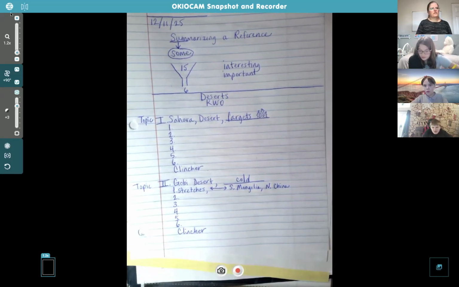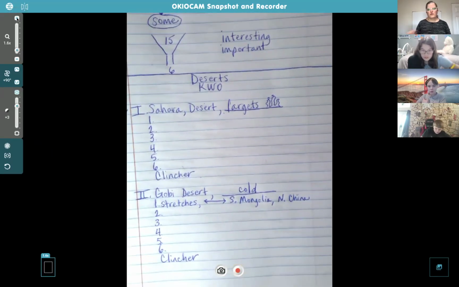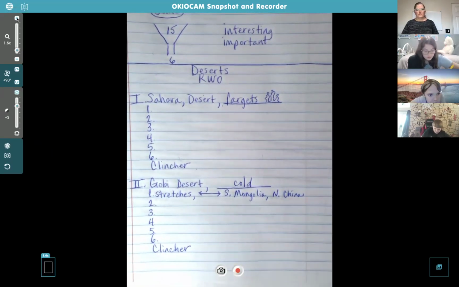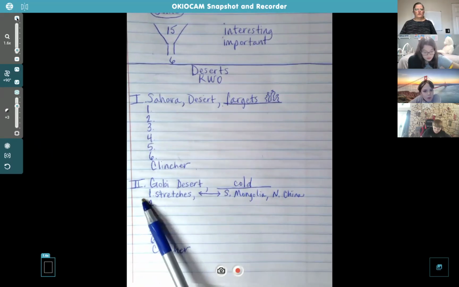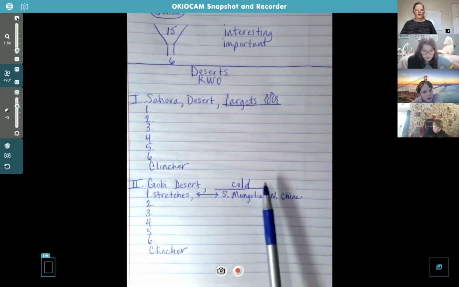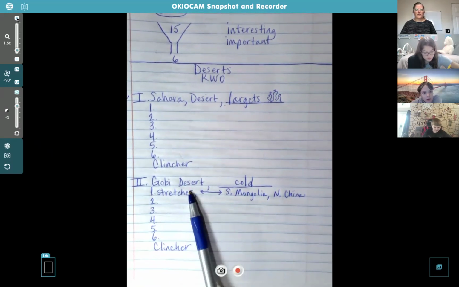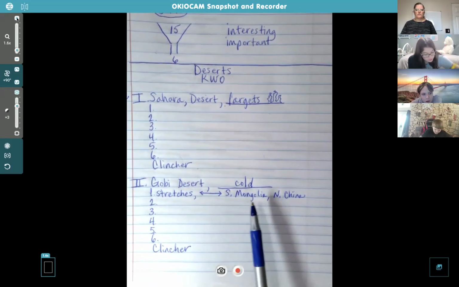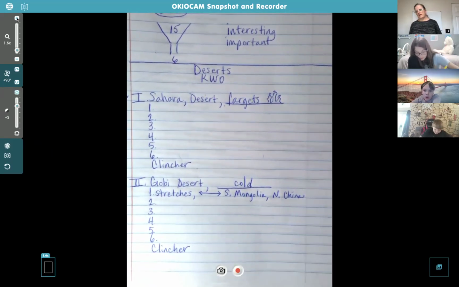Let me zoom in so you can see that a little better. So we got Roman numeral 2 has Gobi Desert cold, and regular 1 has stretches, arrows, S, Mongolia, and China. That'll work. We got 3 words: stretches, Mongolia, and China.